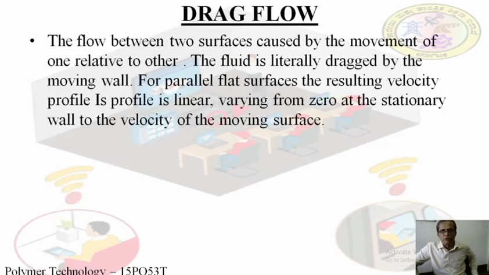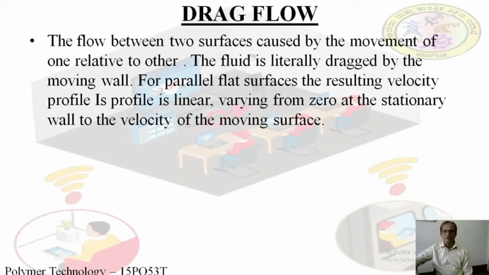Three types of flows will be there in an extruder. First is drag flow, the flow between two surfaces caused by the movement of one relative to the other. The fluid is literally dragged by the moving wall.